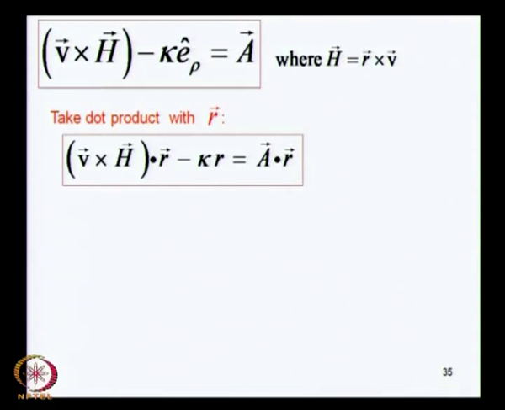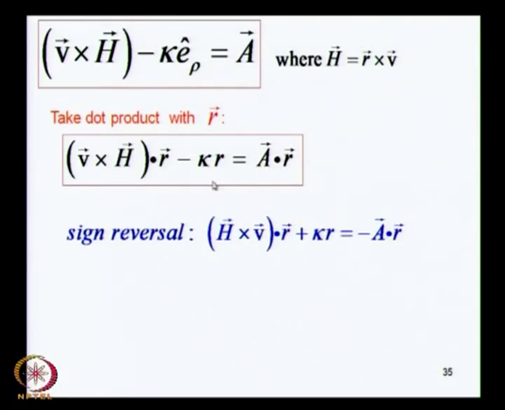So let us take the dot product with the vector r, and you have two terms. r of course is the radial vector, so the dot product of kappa times e_rho with r gives you kappa r, and on the right hand side you have the dot product of the Laplace-Runge-Lenz vector A with the position vector.